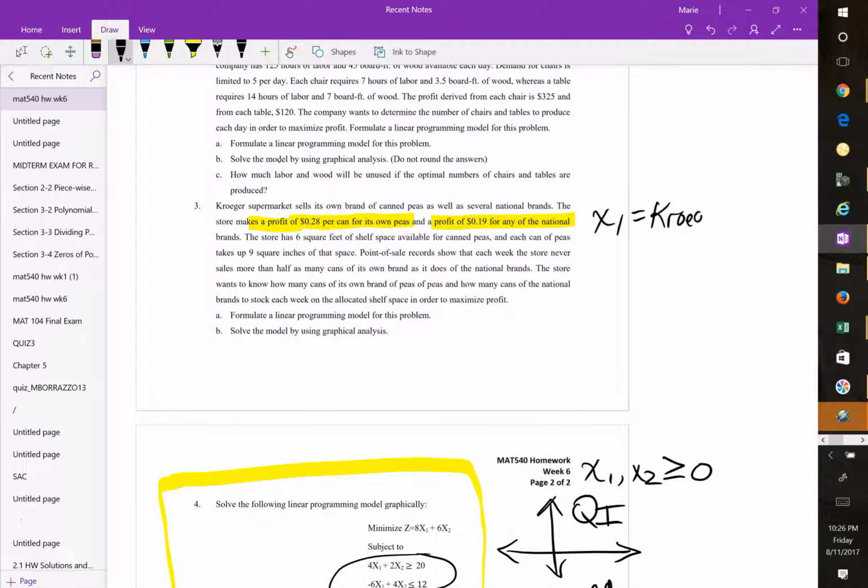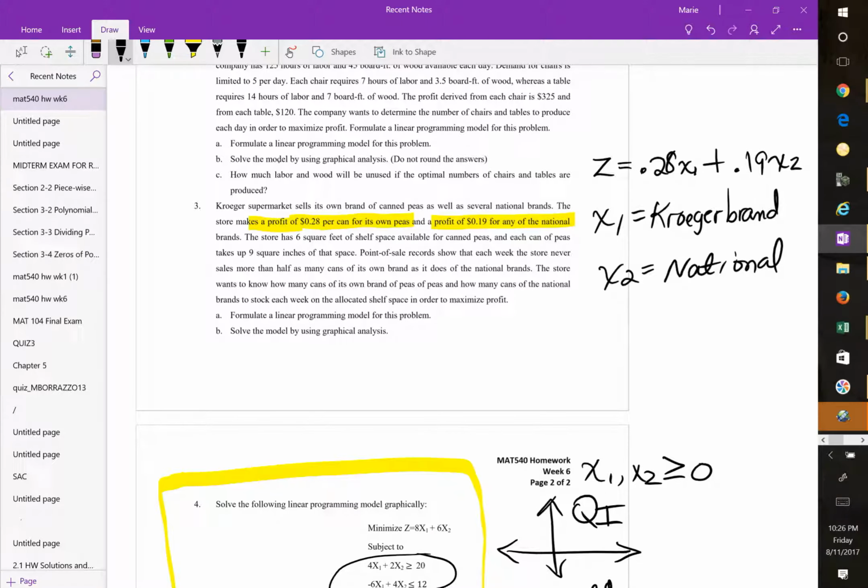So that's what they refer to as their own peas. And an X2, which is the national brand. And you also have been given the objective function where z is equal to 0.28 of x1 plus 0.19 of x2. Okay, this is where the conversion comes in.